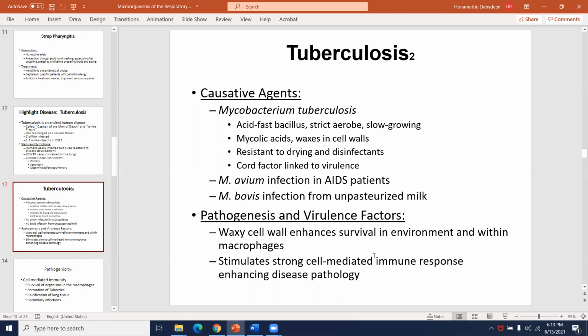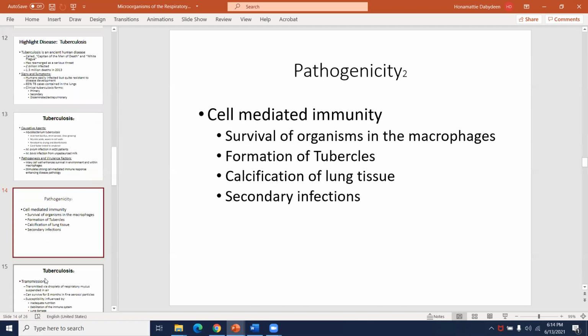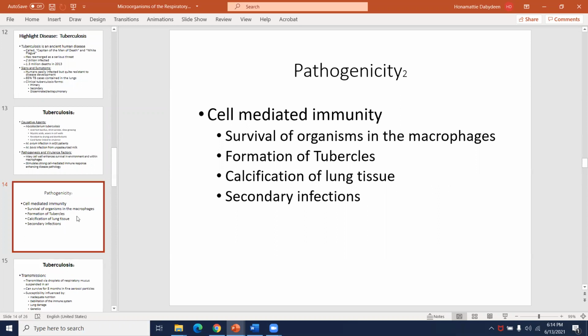All right, so let's talk a little bit about the pathology. Well, we talked a little bit about the cell-mediated immunity, the survival of the organisms in the macrophages, and the formation of the tubercles.